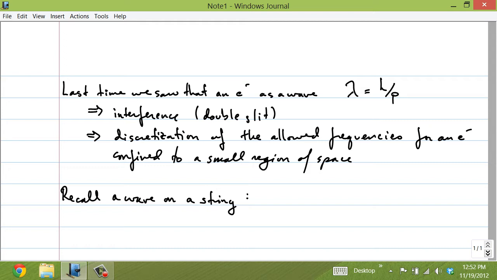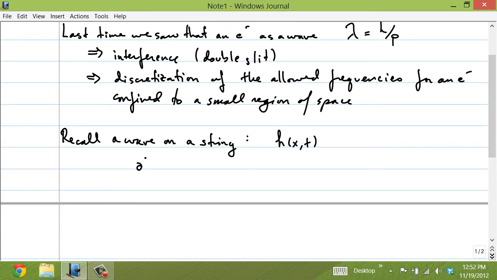And so what I'd like us to remember is exactly how, for a wave on a string, the allowed frequencies are discretized if you impose some boundary conditions, such as saying that you have a guitar string of a fixed length. Okay. So for a wave on a string, you could imagine a variable which is the height of the string away from its equilibrium position as a function of position and time.